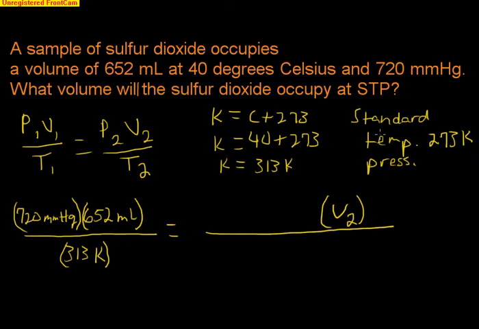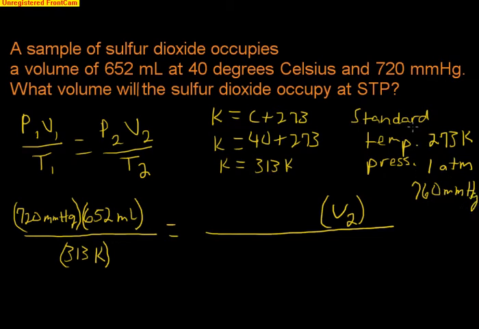The standard pressure, the pressure that we are going to be using here, often you'll see it in atmospheres. So standard pressure is equal to 1 atmosphere. But in this particular problem, they've given us millimeters of mercury as our unit of pressure. If you remember, the conversion factor is 760 millimeters of mercury is equal to 1 atmosphere.